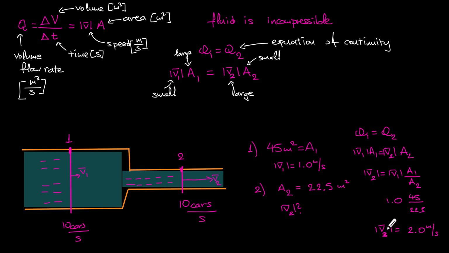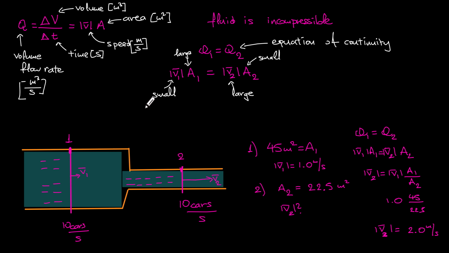You can see now, using the numbers, because I made the cross-sectional area half of the cross-sectional area at 1, the speed at location 2 had to double to compensate for that decrease in the area. So this is how you use the equation of continuity and the volume flow rate.